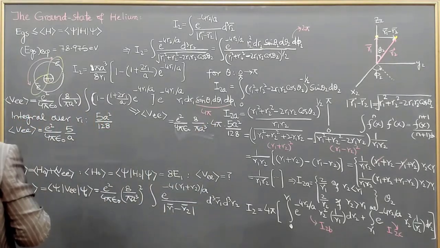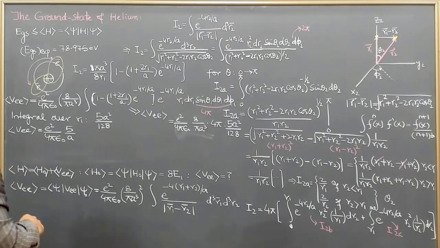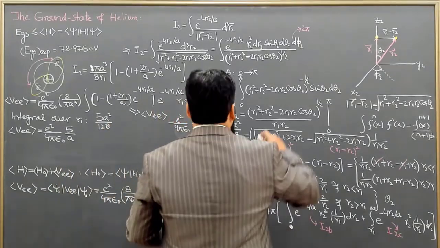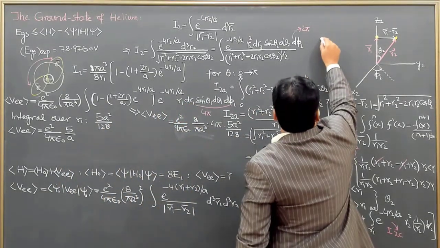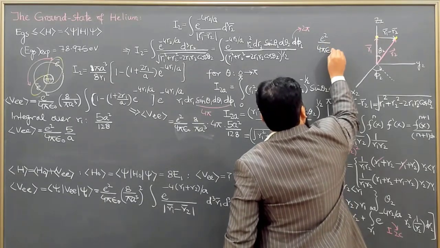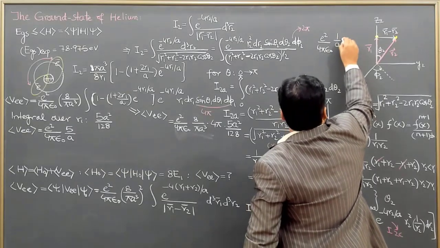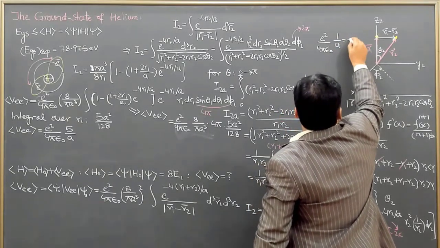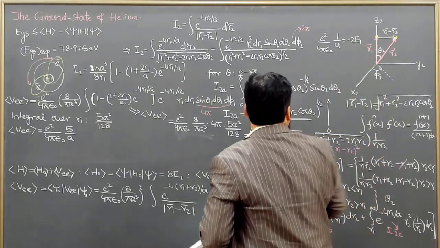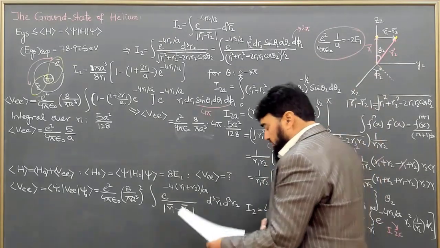And now, as we also know, e square over 4 pi epsilon naught times 1 over a is equal to minus 2 E1.